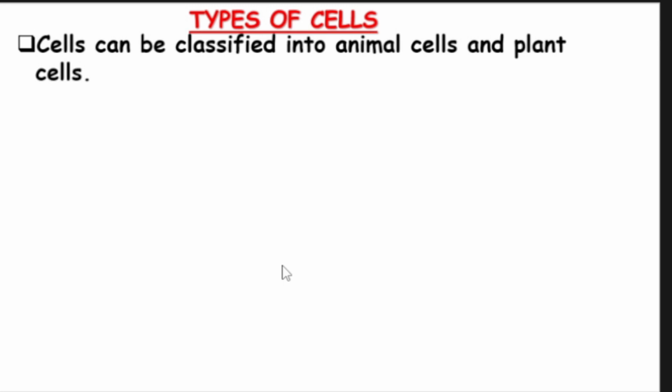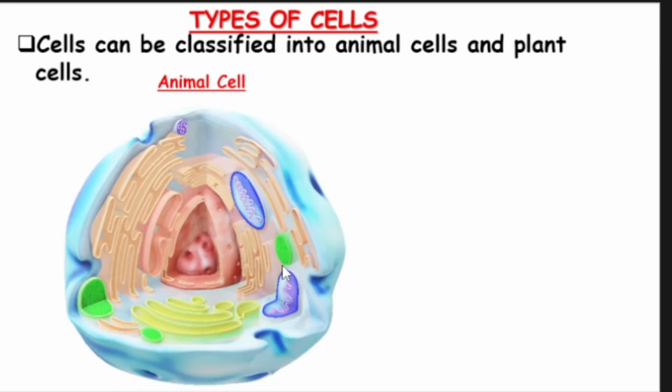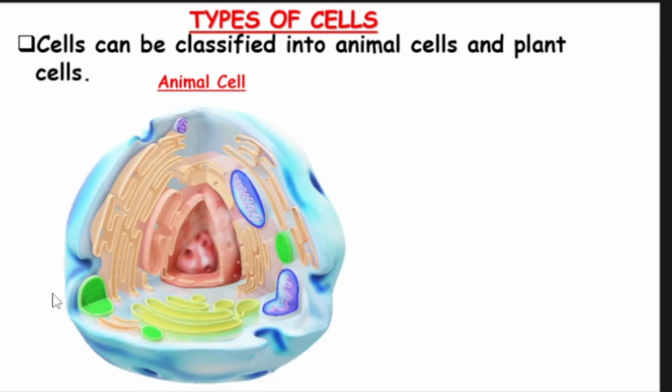Now, from plant cell and animal cell, we are going to look at the animal cell first. We are going to look at an example of an animal cell, how it looks when observed under an electron microscope, and these are the internal parts of the cell that we are going to label and know at a later stage very soon.